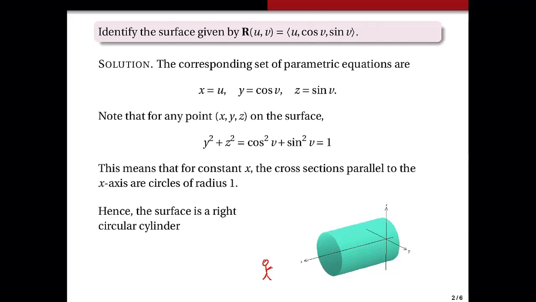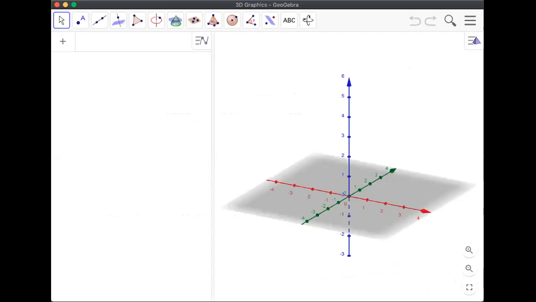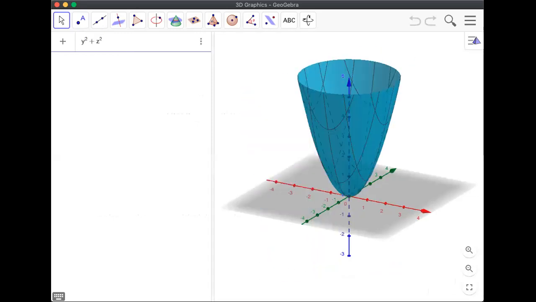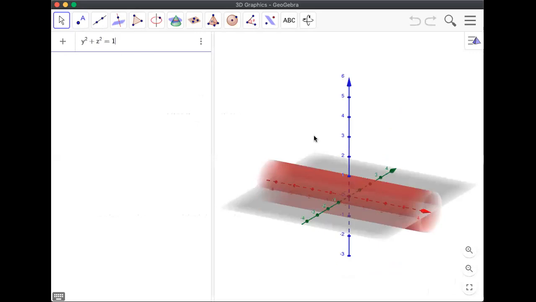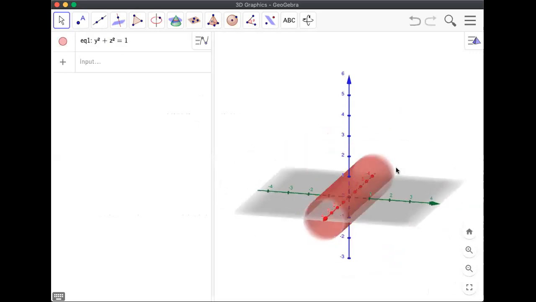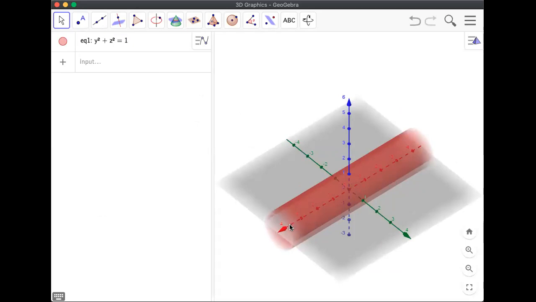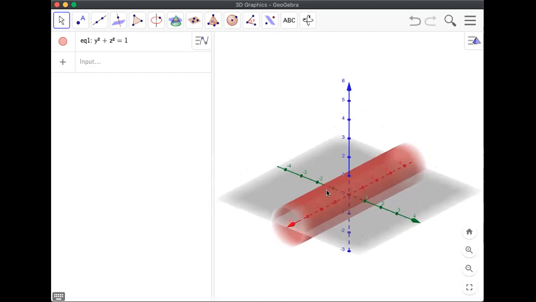Let me share my GeoGebra screen. We have the surface y squared plus z squared equals 1. As you can see, the red axis here is your x-axis, the green axis is your y-axis, and the blue axis is your z-axis.